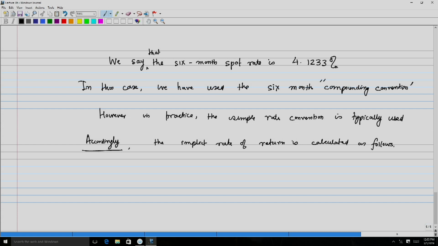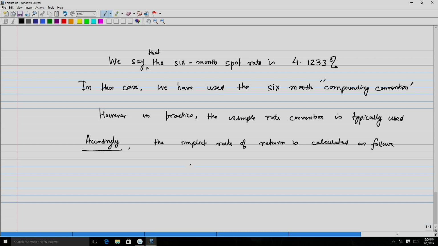So, what do you do in this case? You will essentially in order to ascertain the rate using the simple interest convention, which is typically what is done, we will take the initial price of the bond and we will look at the nominal value and we will just calculate the interest rate that is applicable for 6 months and then use the simple interest rate convention to convert it into an annualized rate.